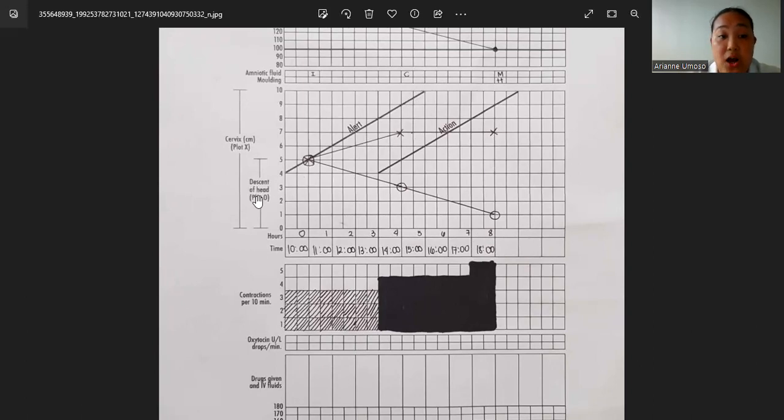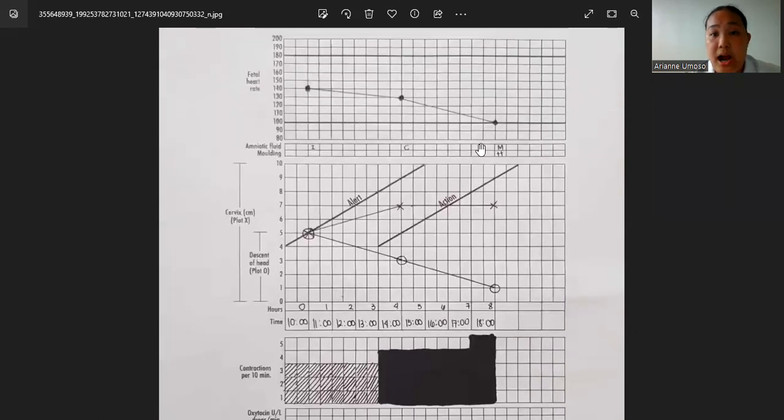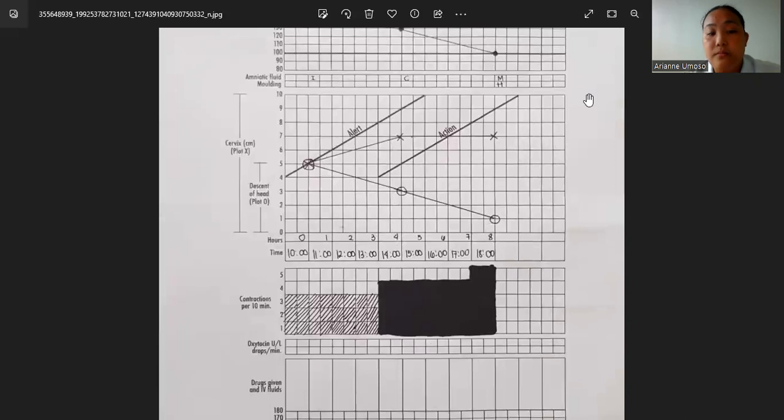Next is the descent of the head. Upon admission, the client is at 5, and after 4 hours, it declines to 3. There is a protracted descent of the head, and there is also a decline in fetal heart rate. This happened because of the protracted cervical dilatation.